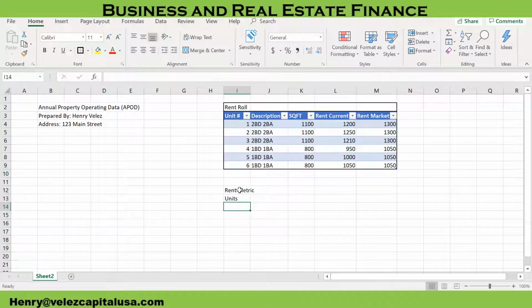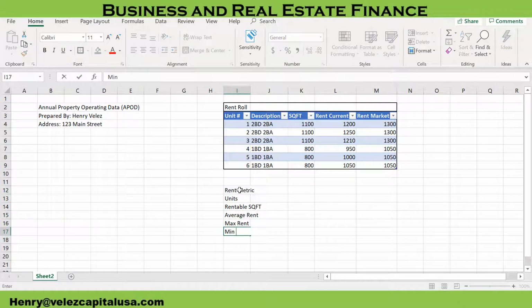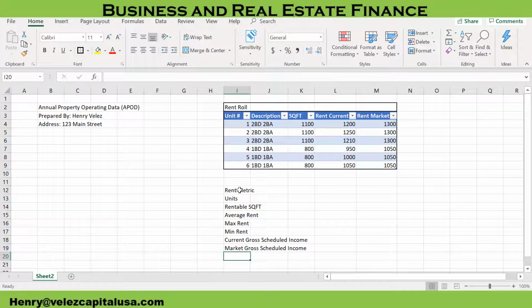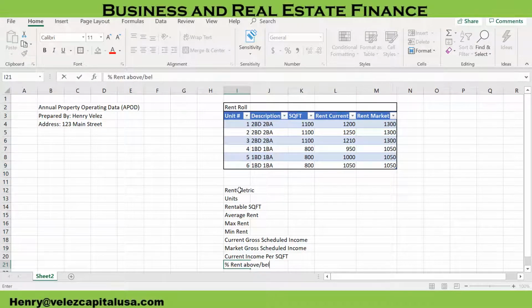So units, rentable square feet, average rent, the max rent you are making, the minimum rent, and how much rent total you are getting every month, how much rent you can get every month if everything was at market rate, income per square feet, and the percentage rent if you're above or below market.